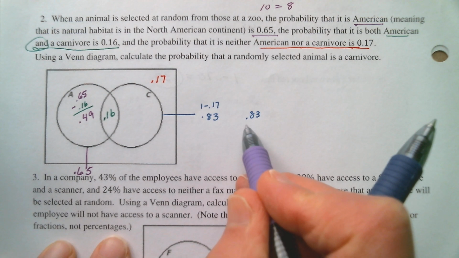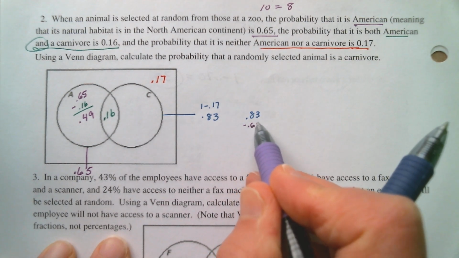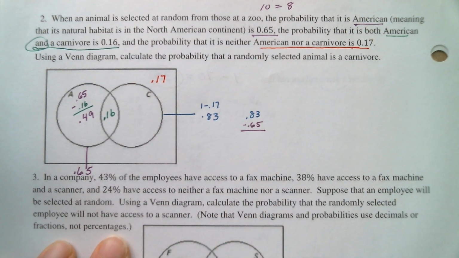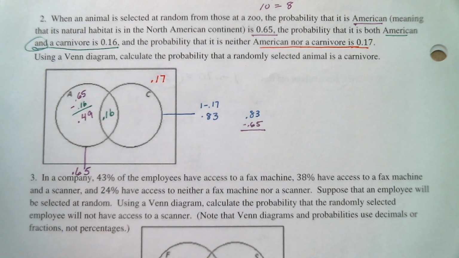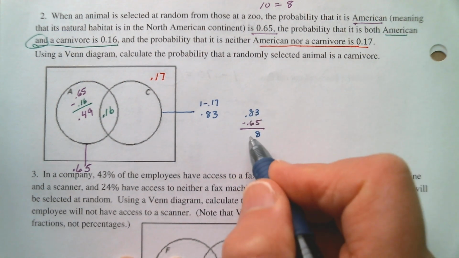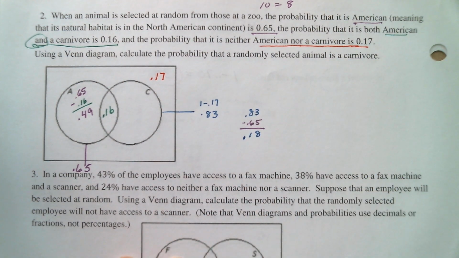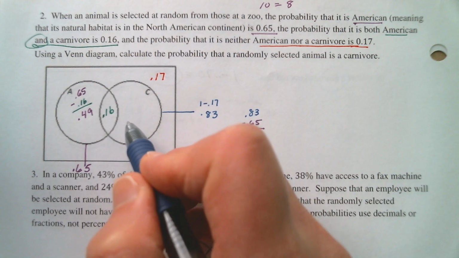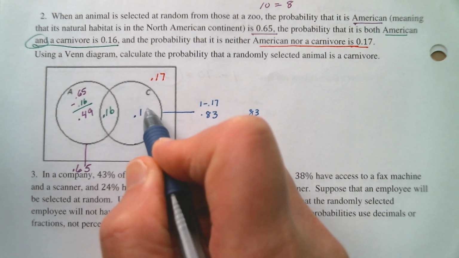So if I just subtract the 0.65, I get 13 minus 5 is 8, and 7 minus 6 is 1, 0.18. So this piece is 0.18.